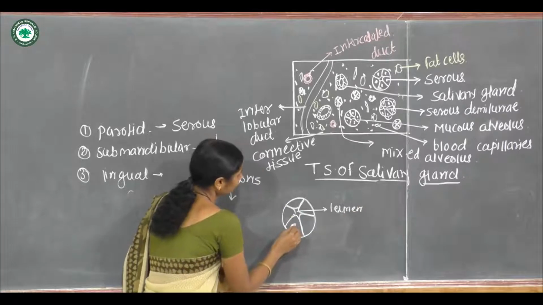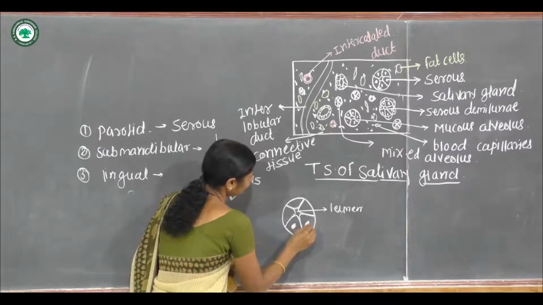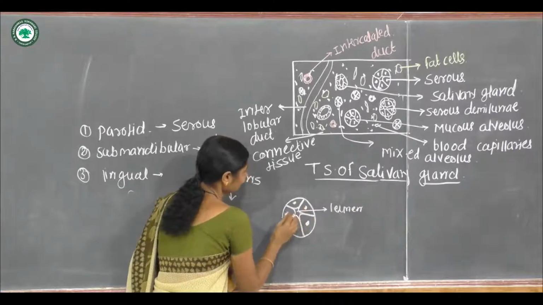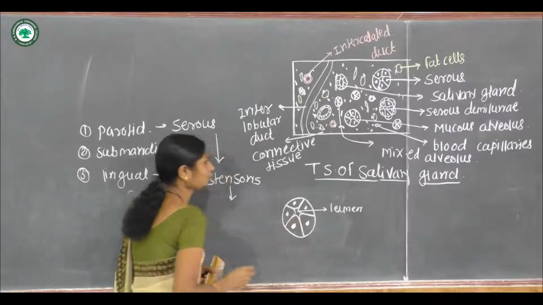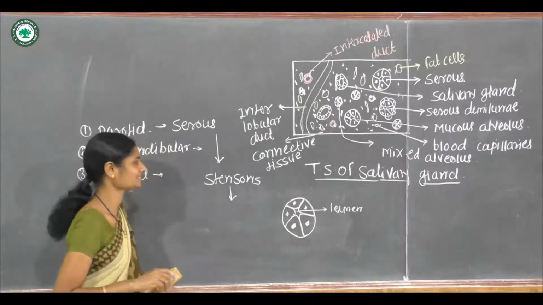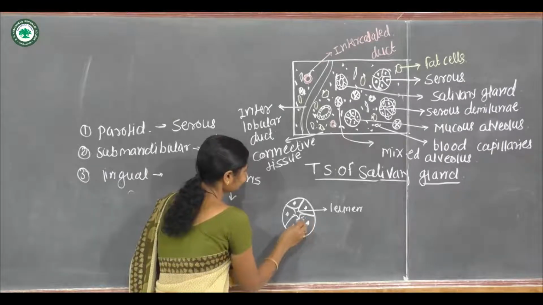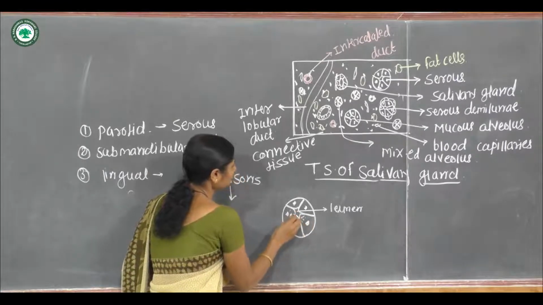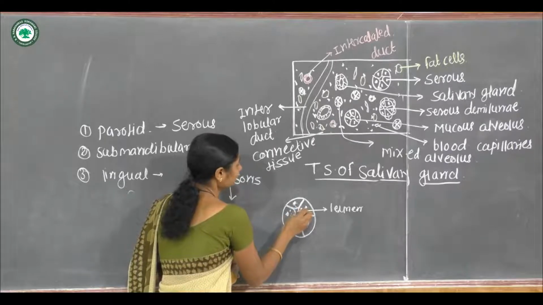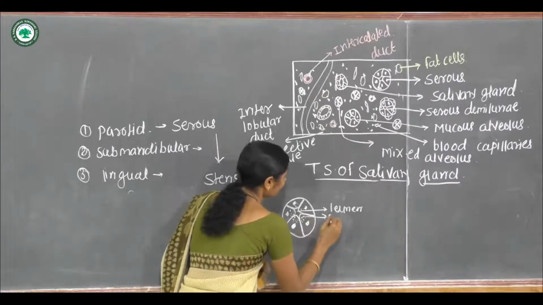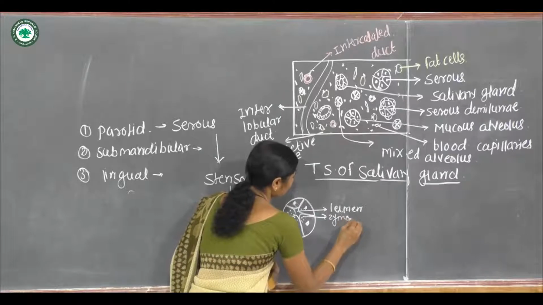These cells contain a rounded nucleus located towards the base, and the cytoplasm contains secretory granules, and these secretory granules are zymogen granules.